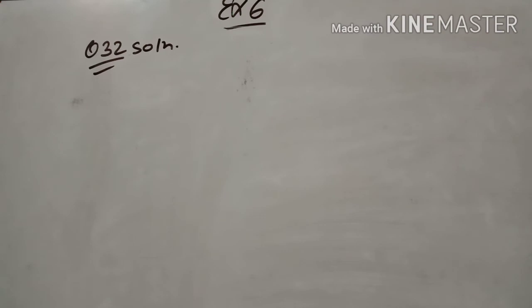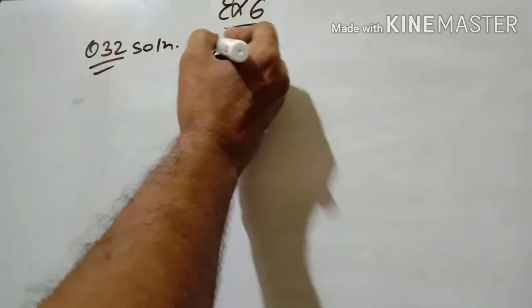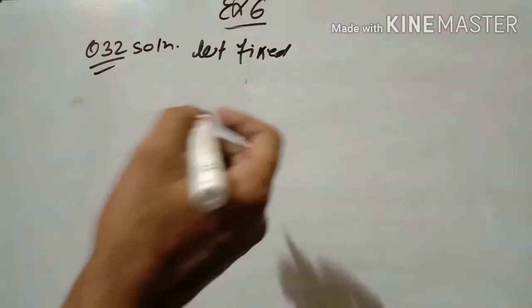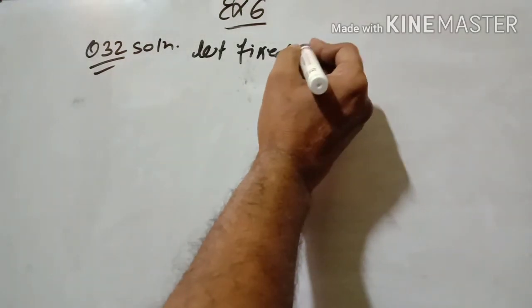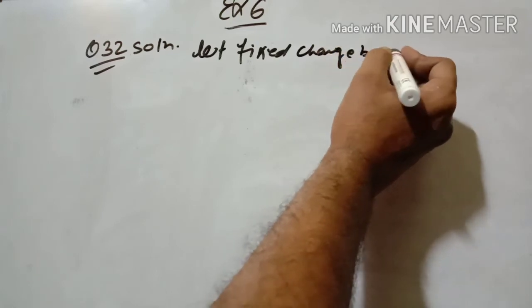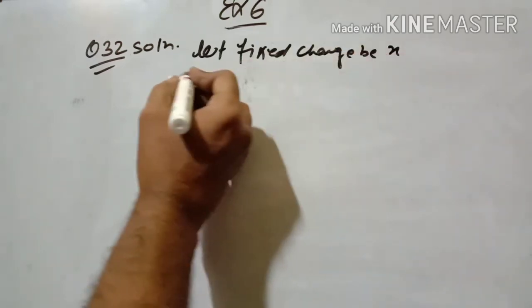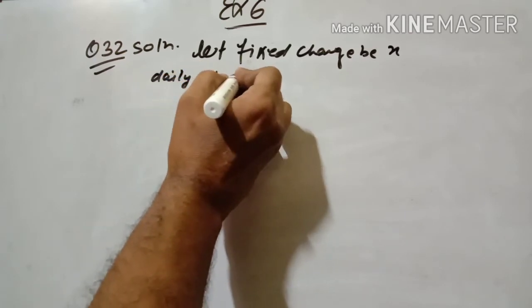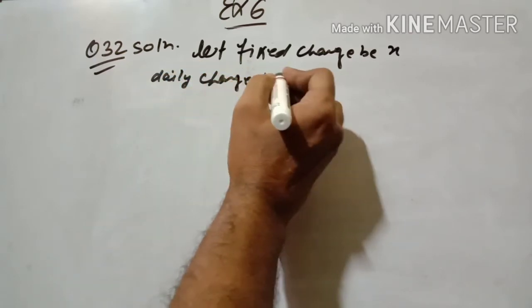Find the fixed charges and the cost of food per day. So let fixed charge be X and daily charge be Y.